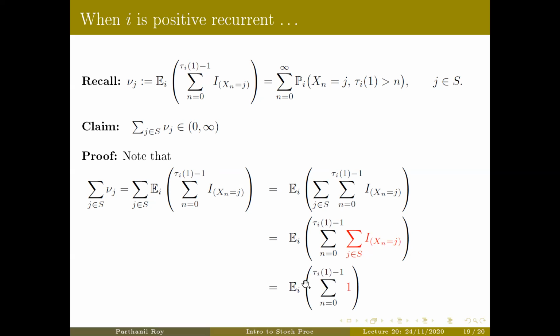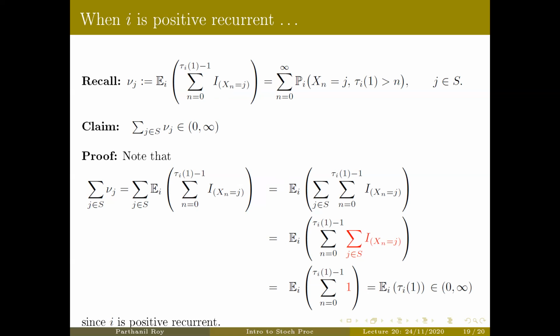So this is just a sum of 1s running from 0 all the way to tau_i1 minus 1. So you have tau_i1 many 1s. Therefore, this is the expectation of tau_i1. And since i is positive recurrent, this expectation is finite. Also it's positive, because tau_i1 is by definition bigger than or equal to 1.